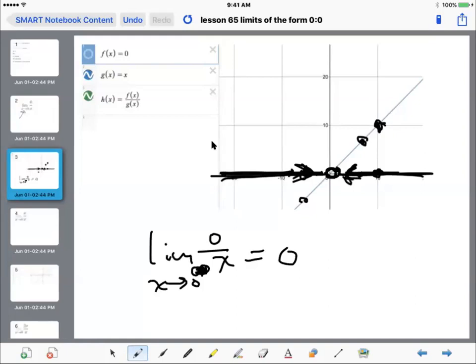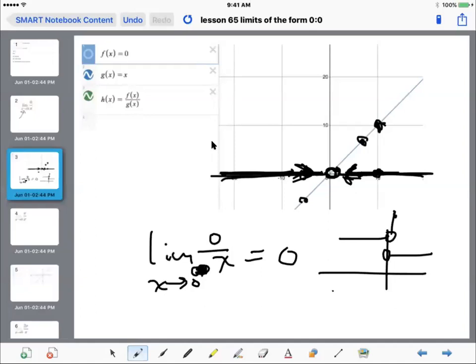You could still ask with a 0 with a little plus there, or 0 with a minus there. But if I didn't have the plus or the minus, and this was a question where from the left and the right there were different answers, then we would say undefined.